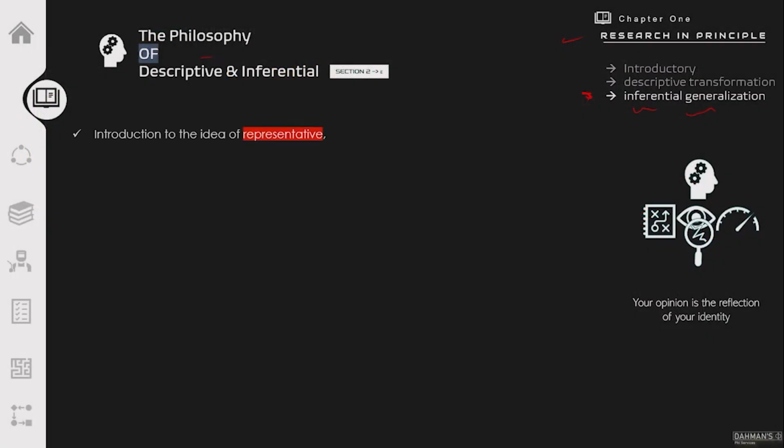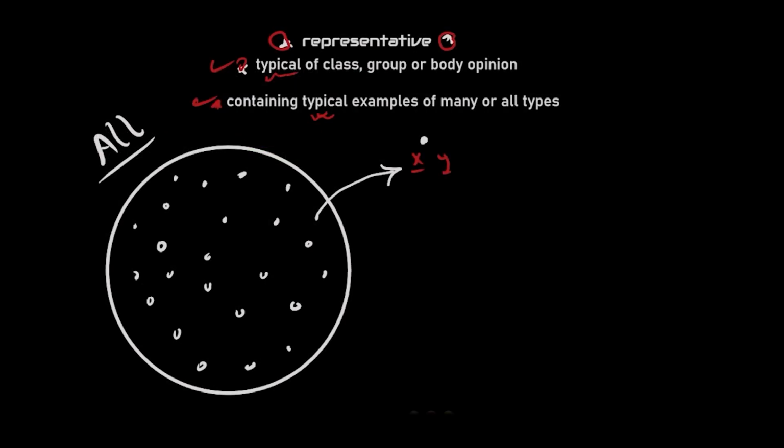To do so, there are two terminologies we have to start with: representative, then generalization. So let me share the following example. What are the possible values that x and y can take? For example, if I take x alone here, x values could be 0, 1, 2.